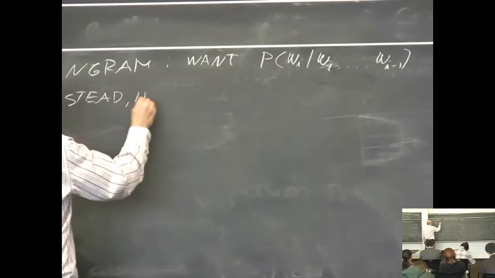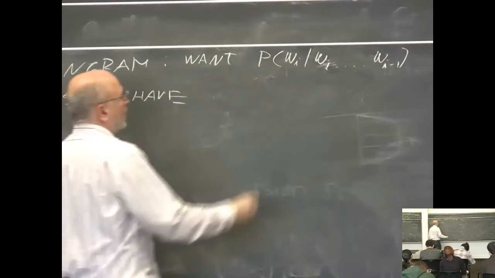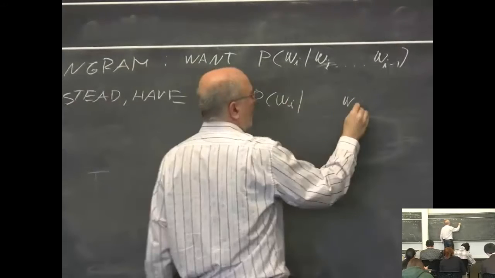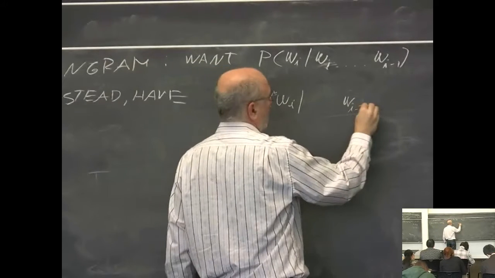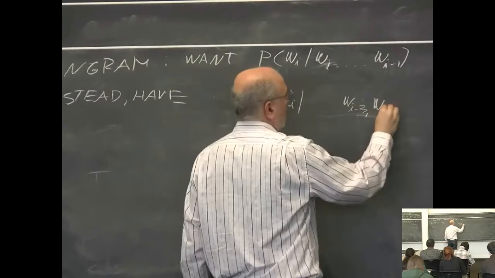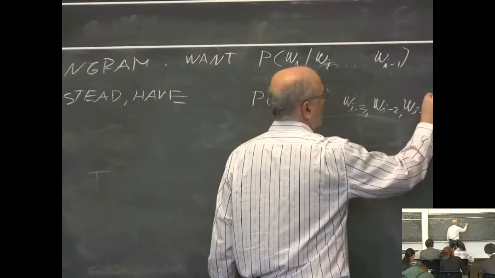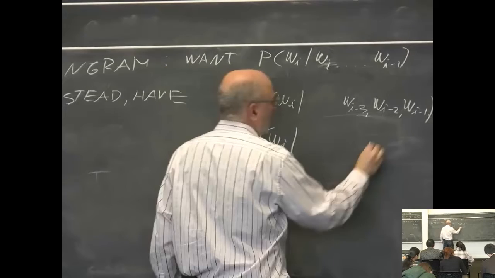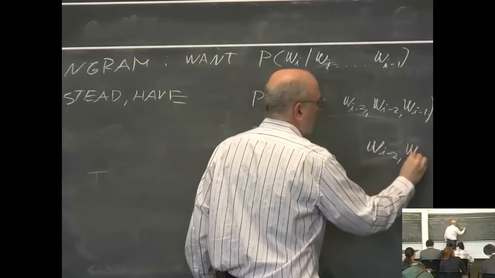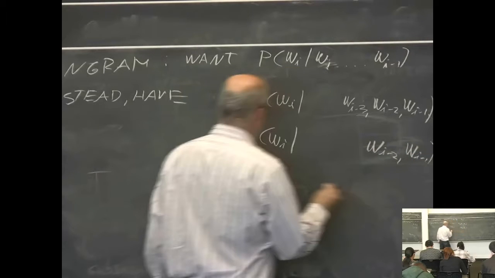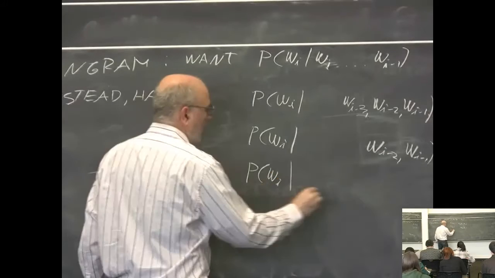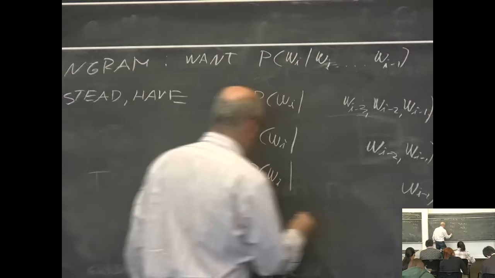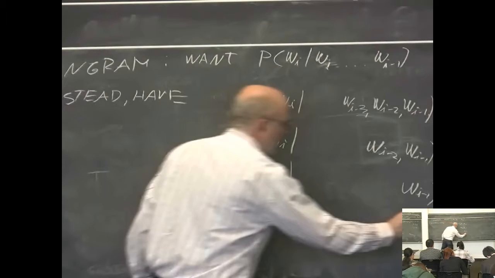instead, what we have is P of Wi given only W, say, i minus 3, i minus 2, i minus 1, and P of Wi given Wi minus 2, Wi minus 1, and P of Wi given Wi minus 1, and P of Wi given nothing.